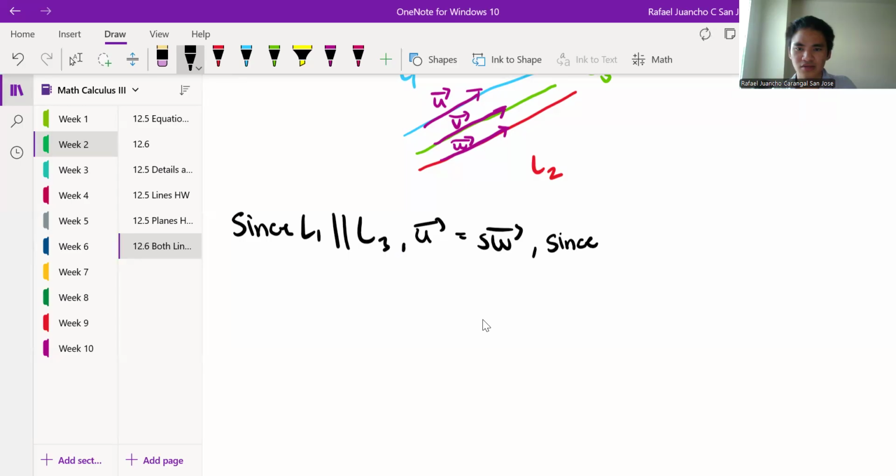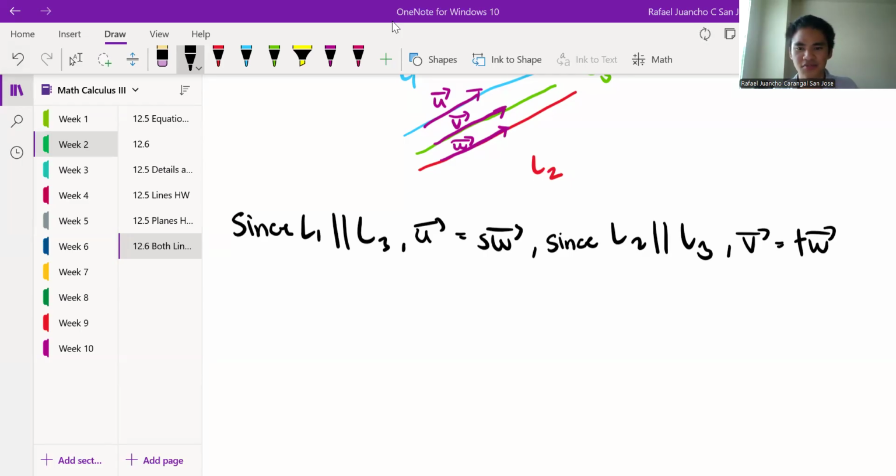Since L2 is also parallel to L3, so the red is parallel to the green line, then we can say L2, which has w, I mean, it could be v, doesn't matter, is equal to some w, but with some scalar t.